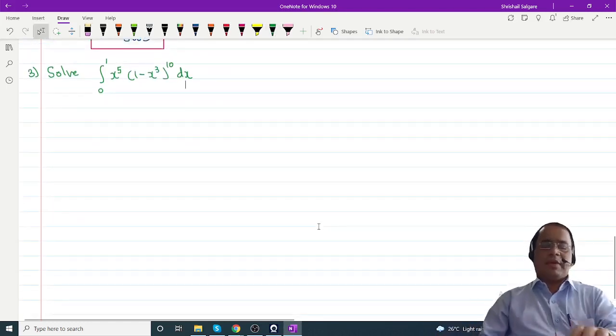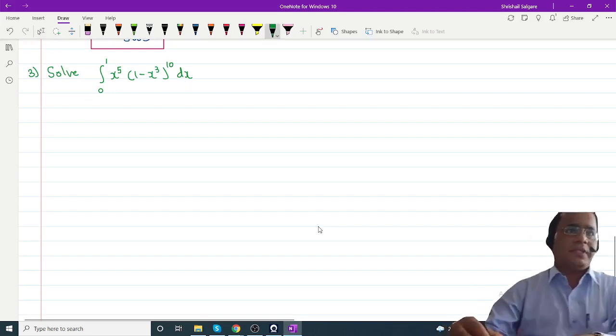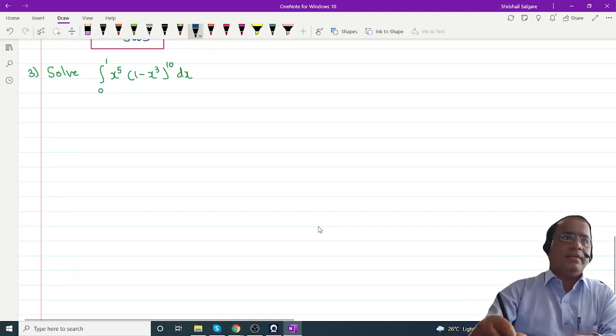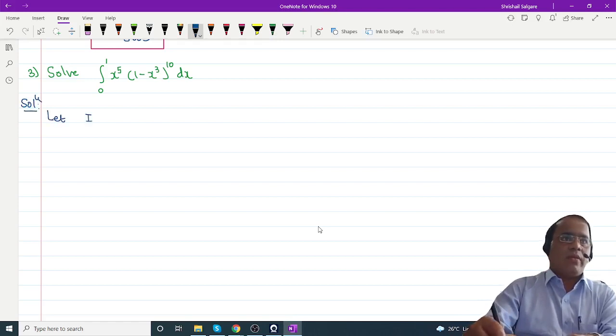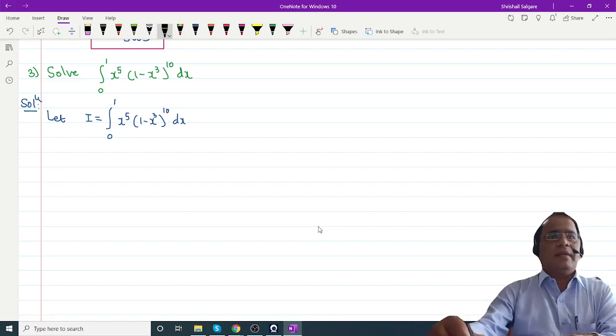First step, I will call this integral as I. So let I be equal to the integral from 0 to 1 of x raised to 5 into 1 minus x cube raised to 10 dx. Can anyone help me to identify the substitution?